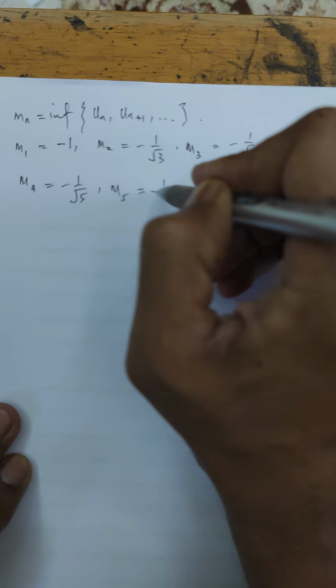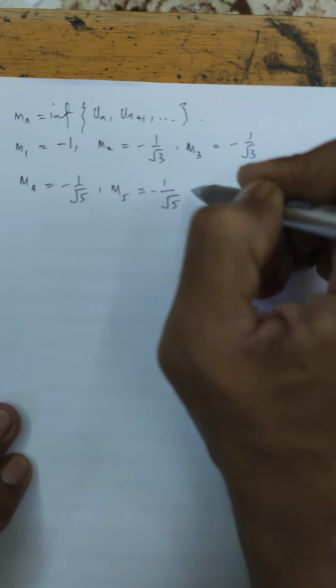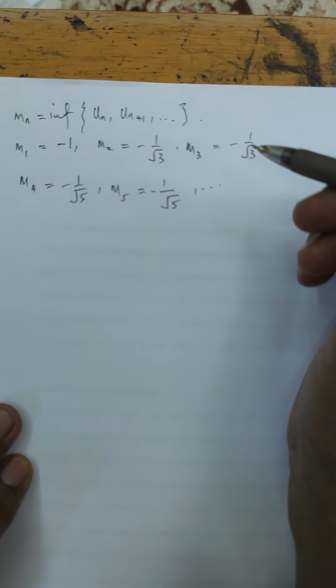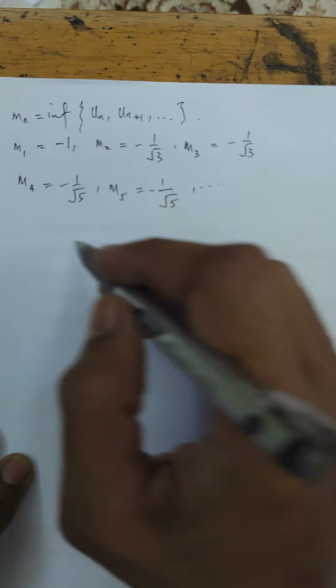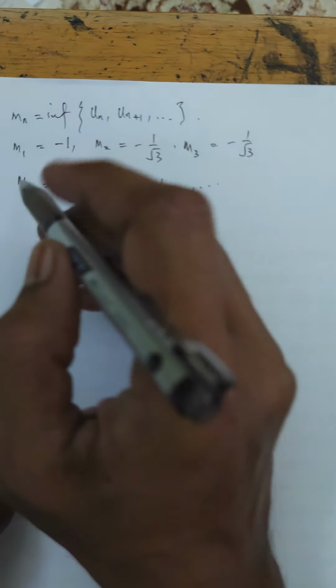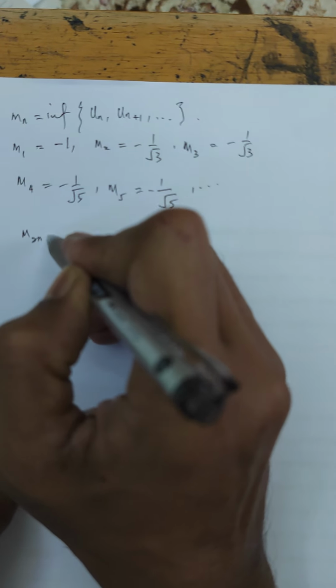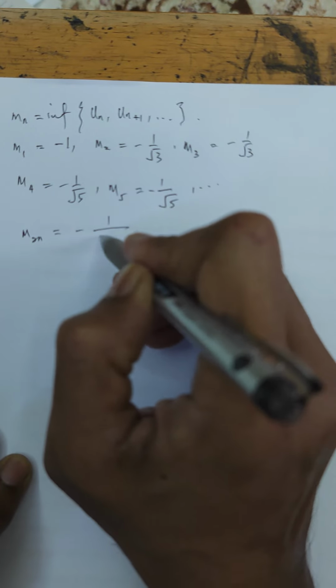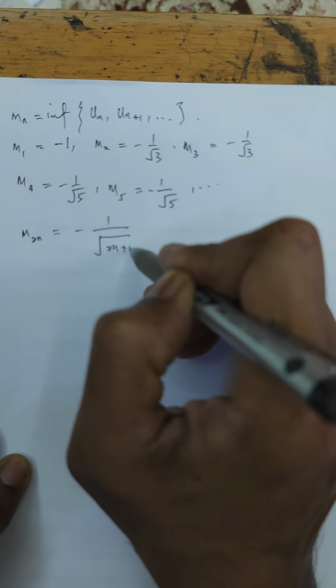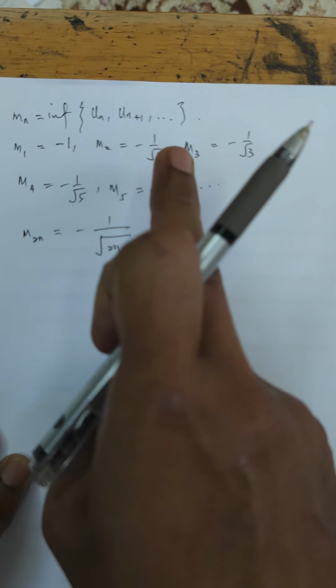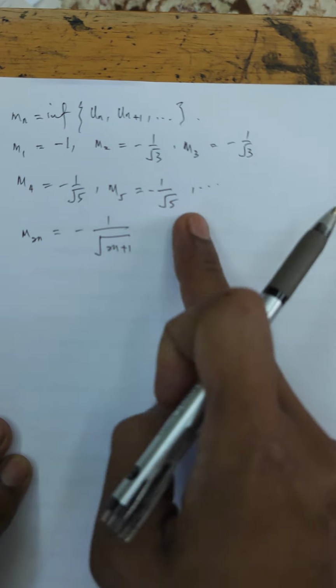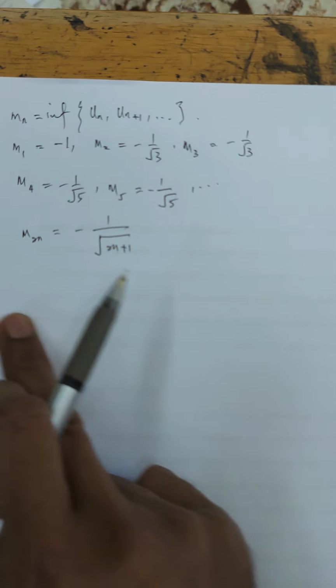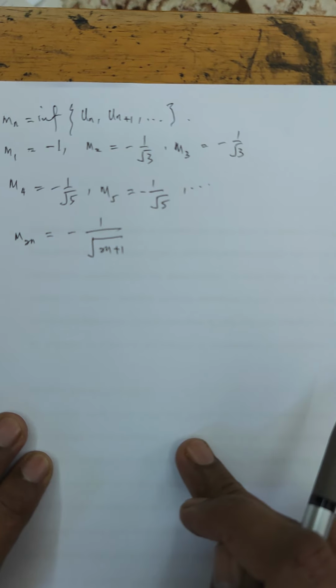m5 is negative 1 over √5, and so on. Thus, from there you can find the general term, which is m_2n, negative 1 over √(2n plus 1). Arrange those m1, m2, m3, m4, m5 so that you can see the general terms.